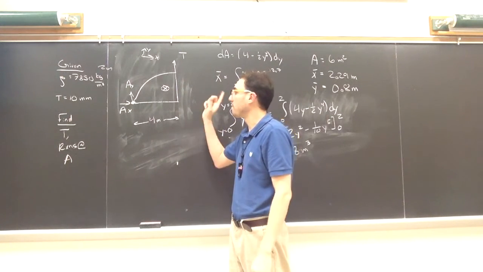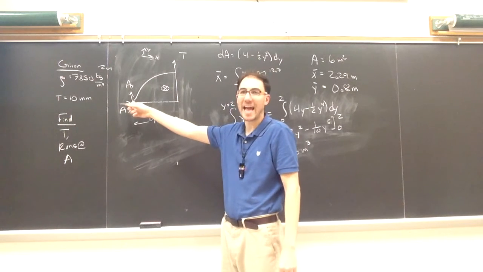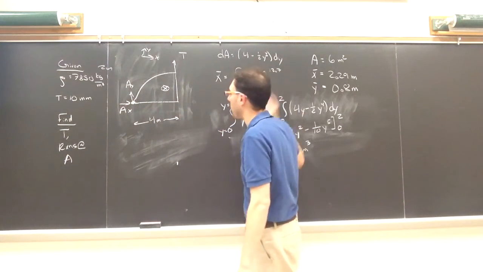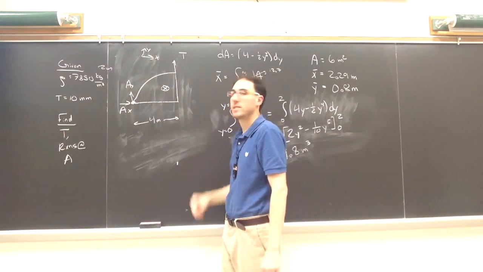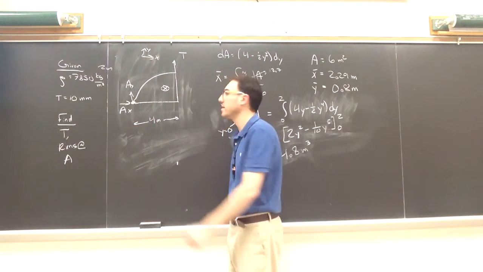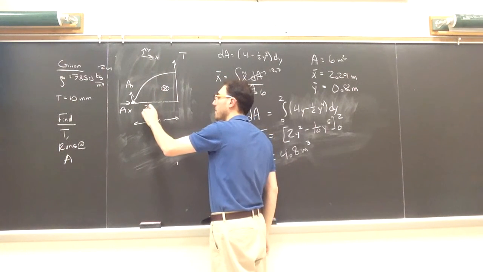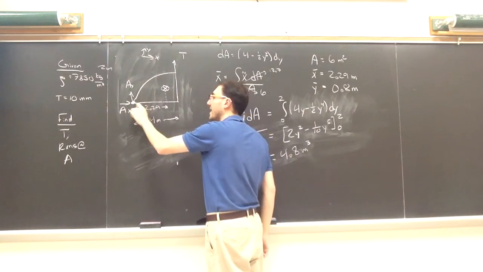Since in my math step I said that the origin was located at A, these numbers are telling me how far from A in the x direction and the y direction this point is located. So the x bar is 2.29, so I need to go 2.29 meters to the right of A to get to that centroid.